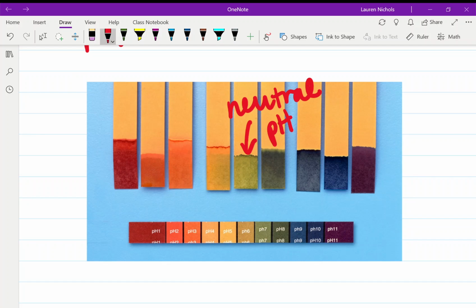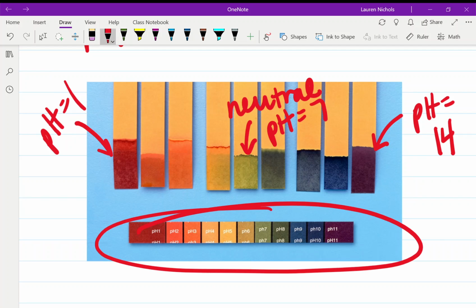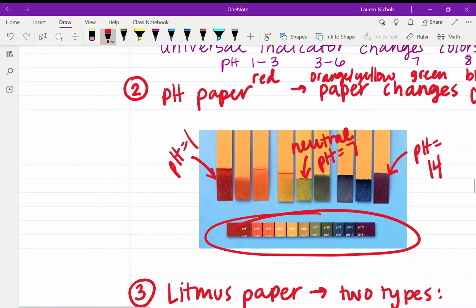So that's about a pH of 7, meaning that's not really an acid or a base. But this dark purple color here, that one's going to be about a pH of 14, and this red one is going to be about a pH of 1. And typically when you have pH paper, they give you a scale to compare it to so that you know what you're testing against.